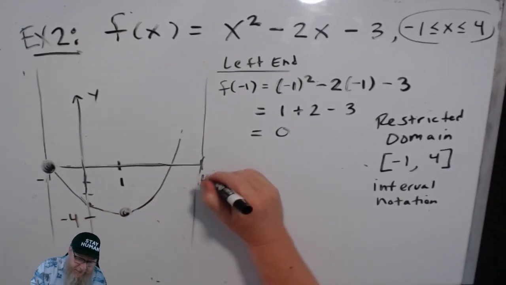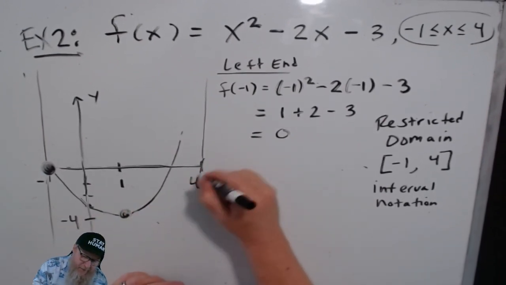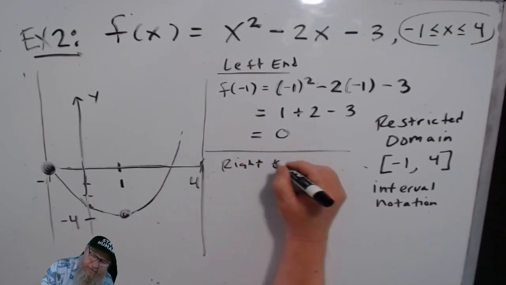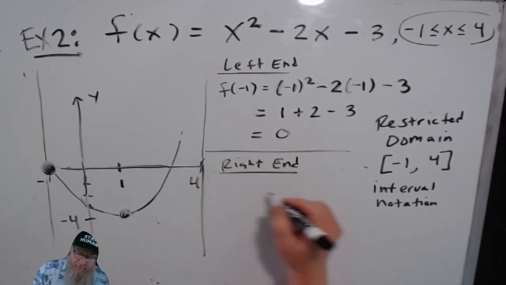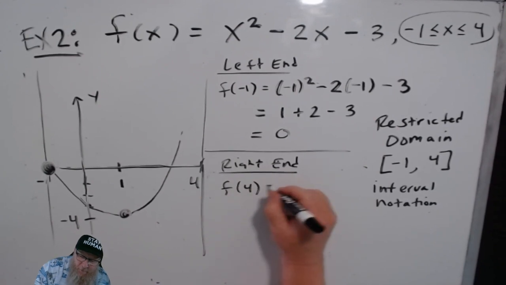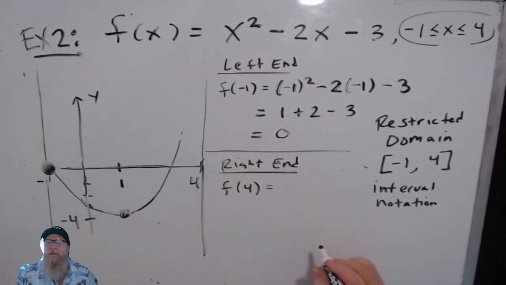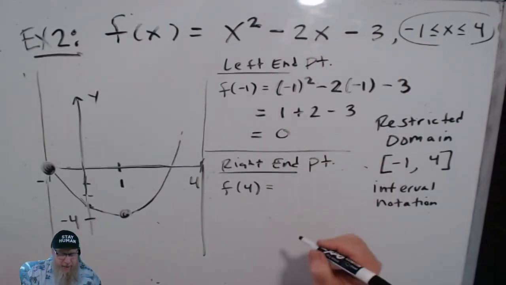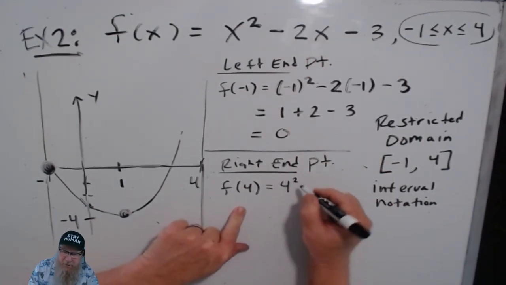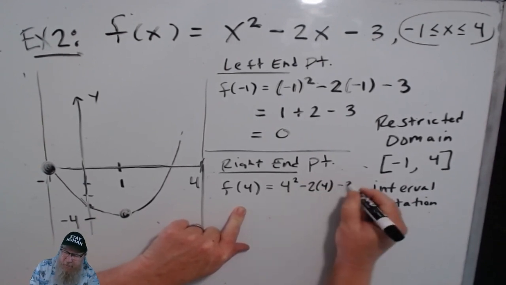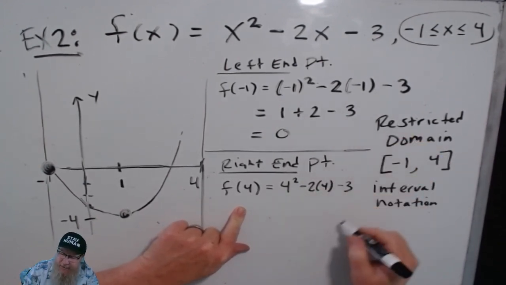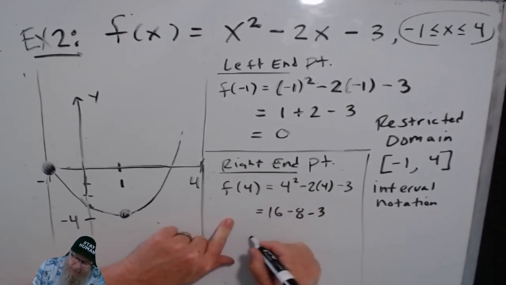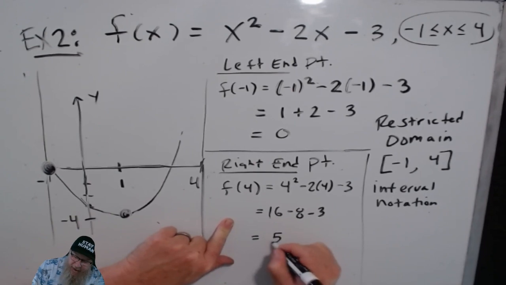And then at +4, the right end, f of 4. These are points, so sometimes we say left end point, right end point. F of 4, we have 4 squared minus 2 times 4 minus 3, which is 16 minus 8 minus 3, which is 5.